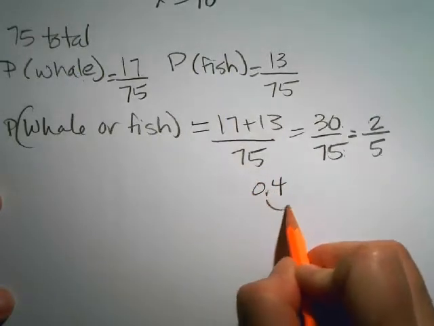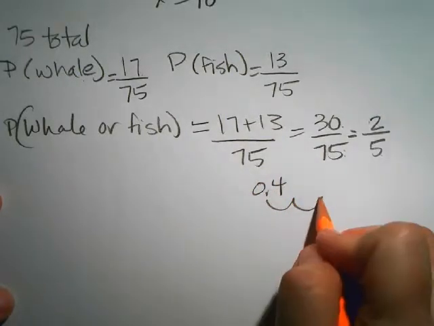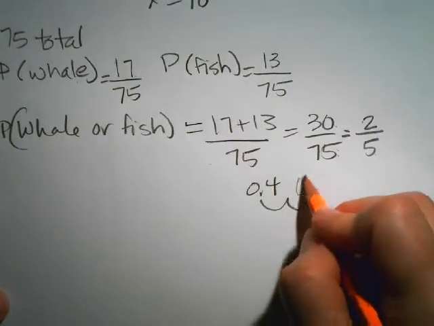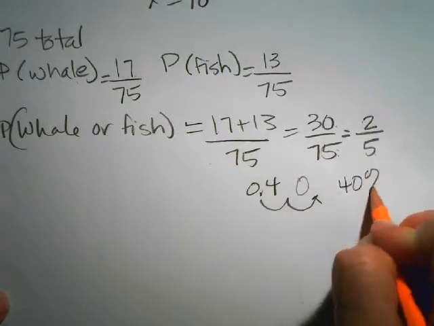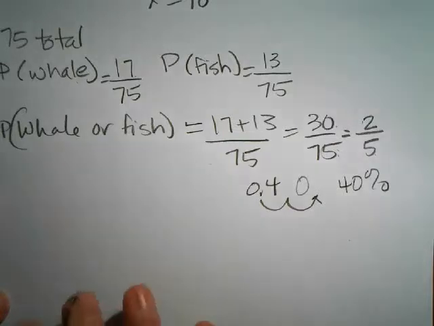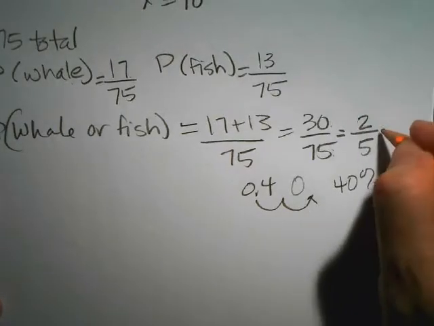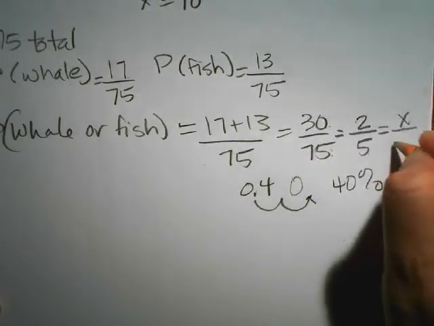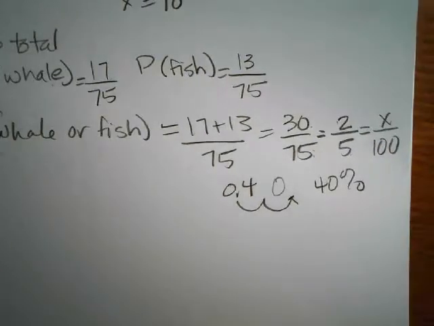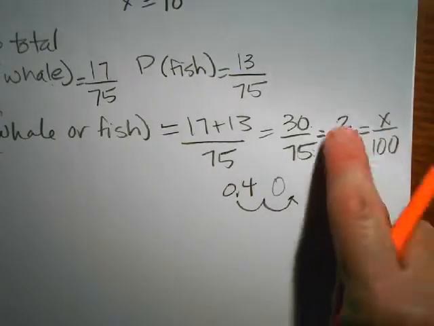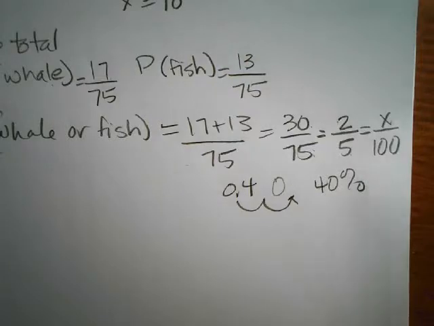As a percent, I'm going to move my decimal point 2 places to the right, so that would be 40%. Percent's always out of 100, so it's like saying 2 out of 5 is how many out of 100. You could also think of it that way, if that makes more sense, and then just cross multiply and divide.